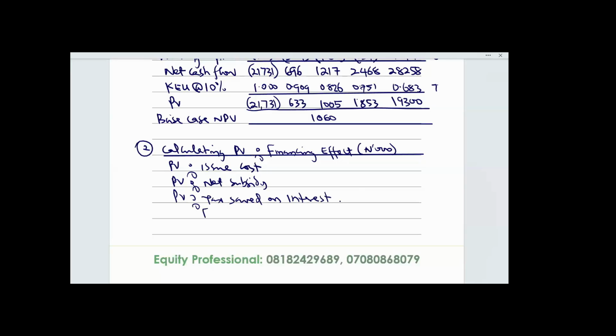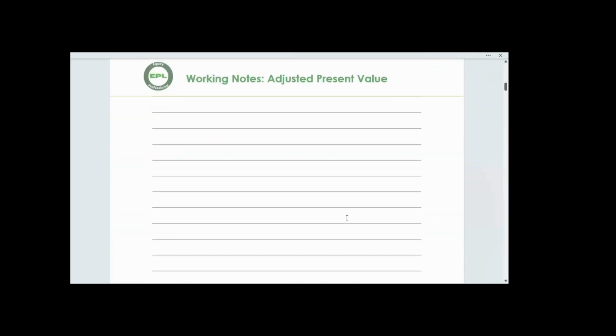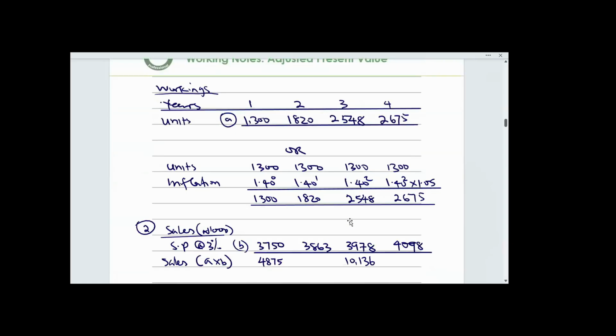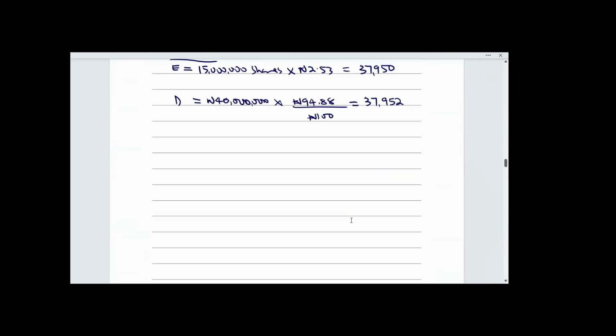So this will then give me the PV of financing effect cash flow. Okay, so let's work it out. We want to calculate PV of issue cost. That will take us to working number 10.